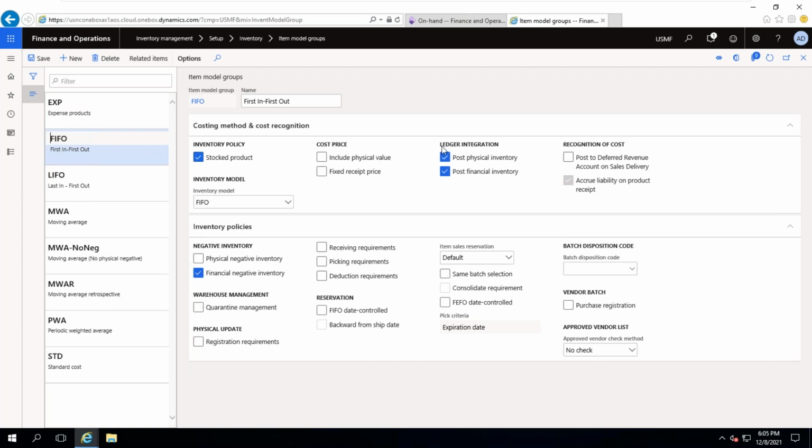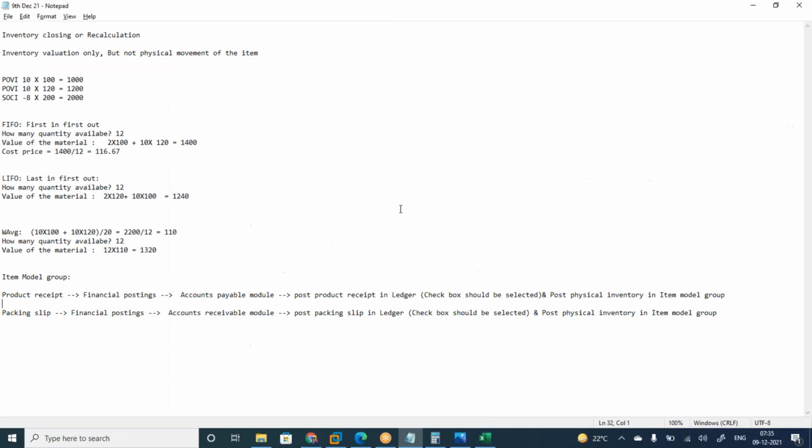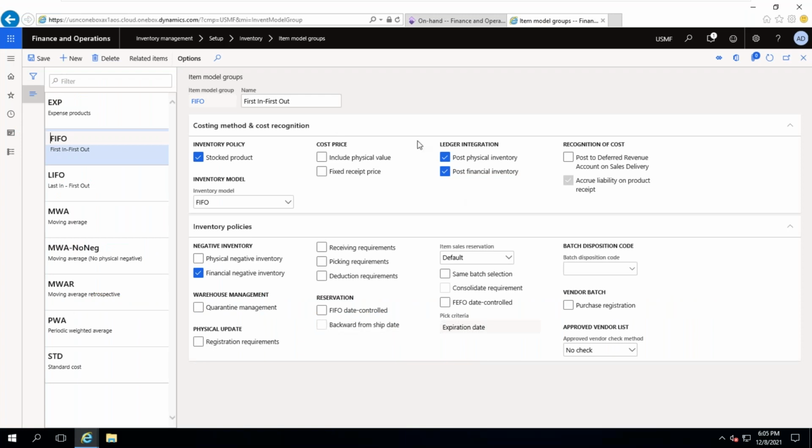Any doubt in this? Any confusion? Each and every checkbox is most important. As I told you, the ledger form is the head and this form is the heart. This is the heart of the human being. If you compare with a human being, this is the heart of the application.